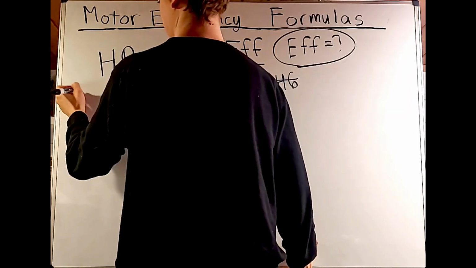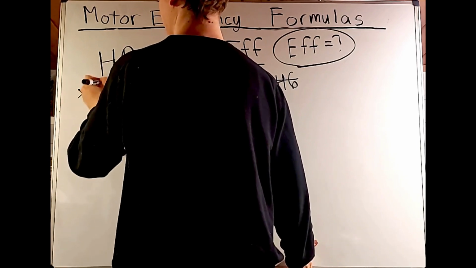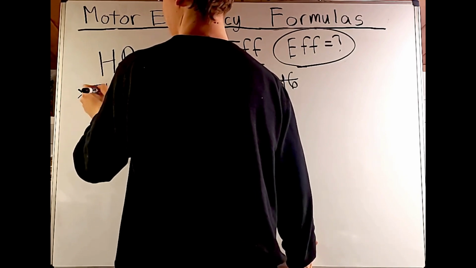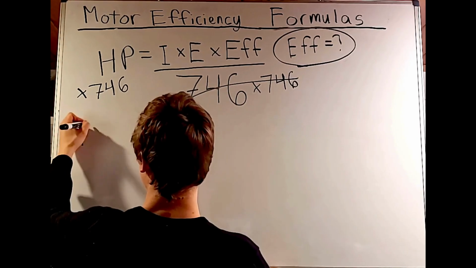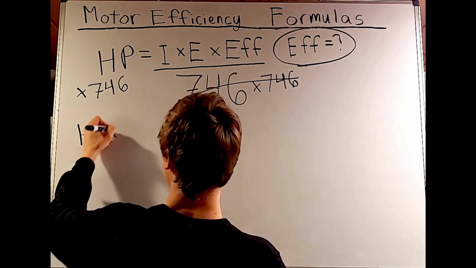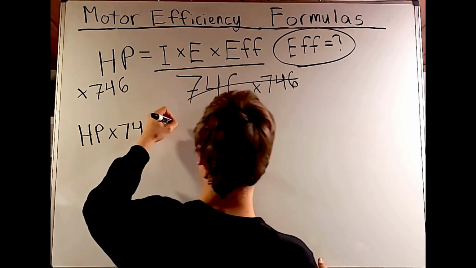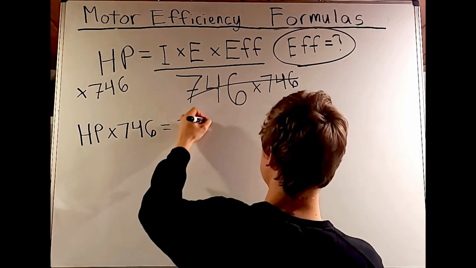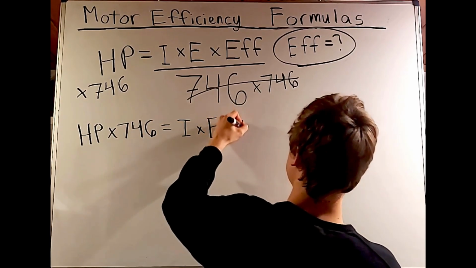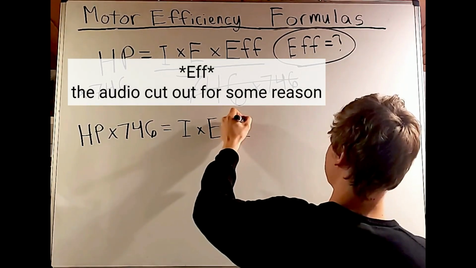Then on the other side, we do the same thing, multiply by 746. We're going to get the horsepower times 746, and that's going to equal the I times E times EFF.